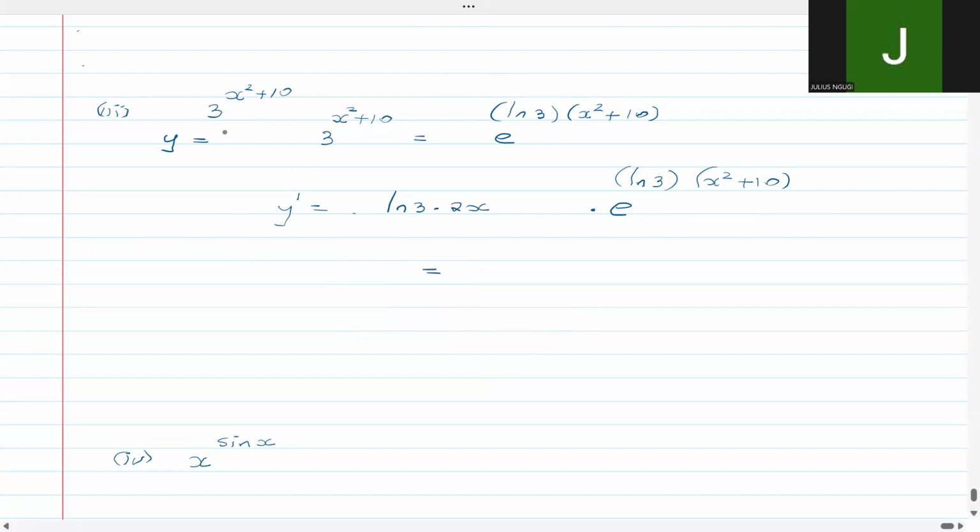So rearranging this, we have 2x natural log of 3 times e to the (ln 3)(x squared plus 10), which can become, constants first, 2 natural log of 3, x, and the exponential ln will automatically become a 3, so that becomes 3 to the x squared plus 10.